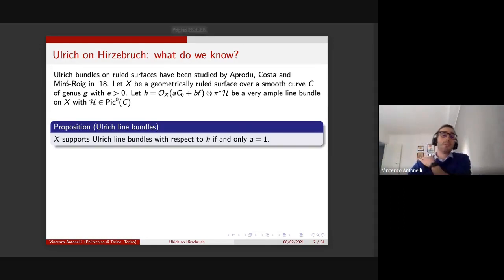And they proved that this surface supports Ulrich line bundles with respect to this very ample line bundle if and only if the first coefficient of the polarization is equal to 1. These are the only cases where the variety supports Ulrich line bundles, and we have exactly 2 Ulrich line bundles.